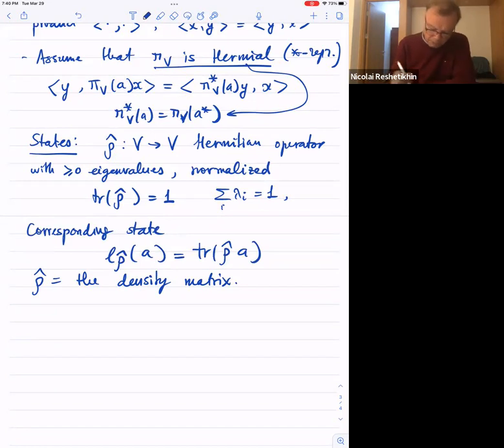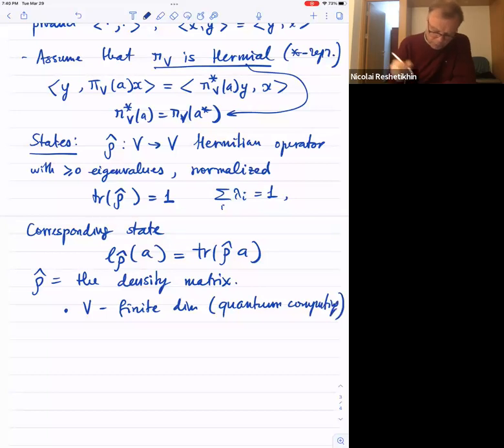There are two important examples. V is finite dimensional. This is what people in quantum computing do. Quantum computing, quantum information, typically they have finite dimensional vector spaces.